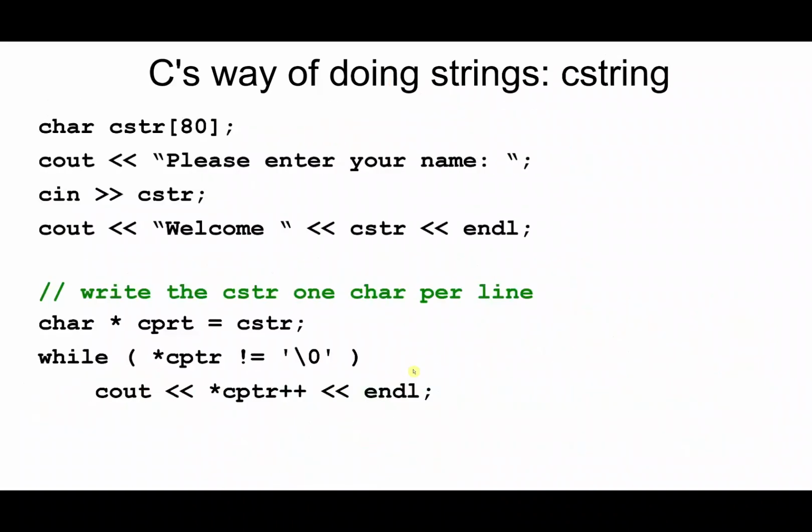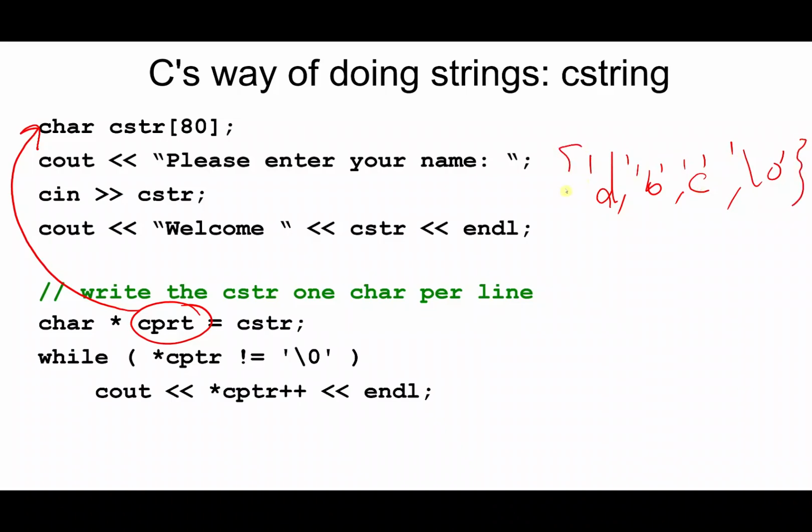So, I'm going to print that using a while loop, and the while loop is going to use a pointer. I make a pointer to point to my array, the way I use it with regular arrays, int arrays, and so on. So, a character pointer that points to CSTR. Here is A, B, C, and the null terminator. This is CSTR, right?